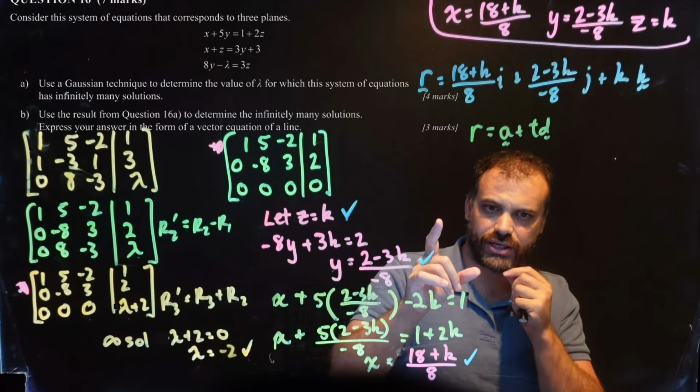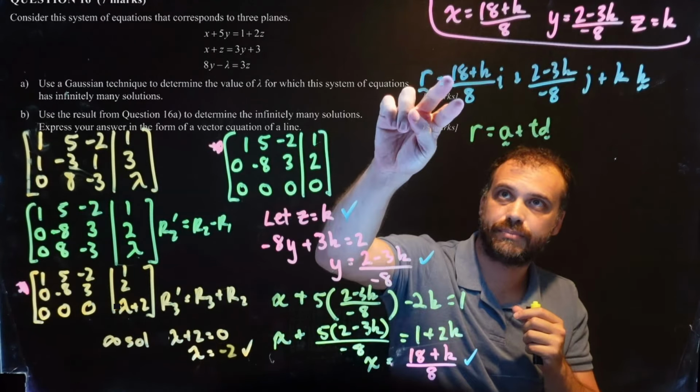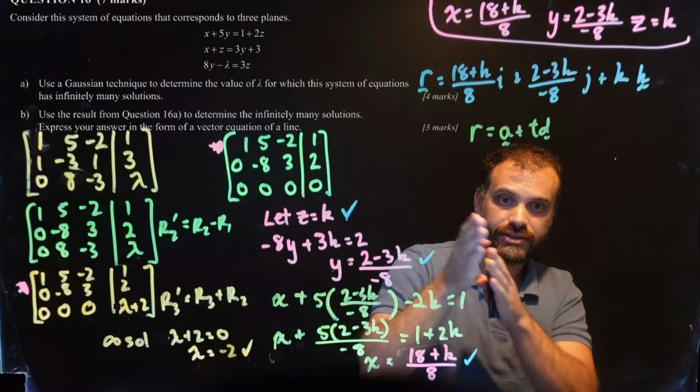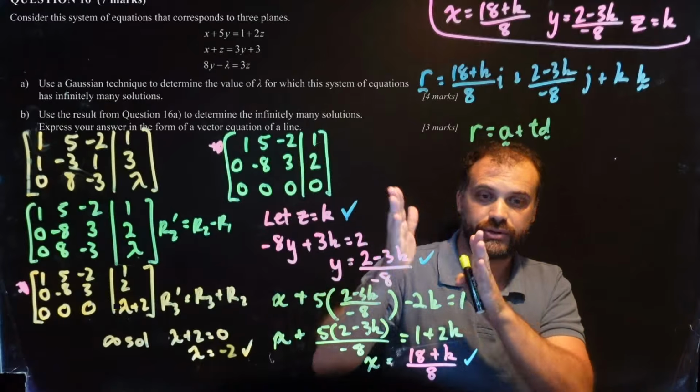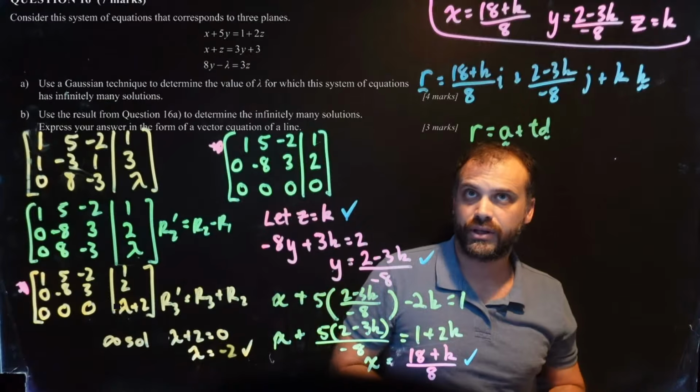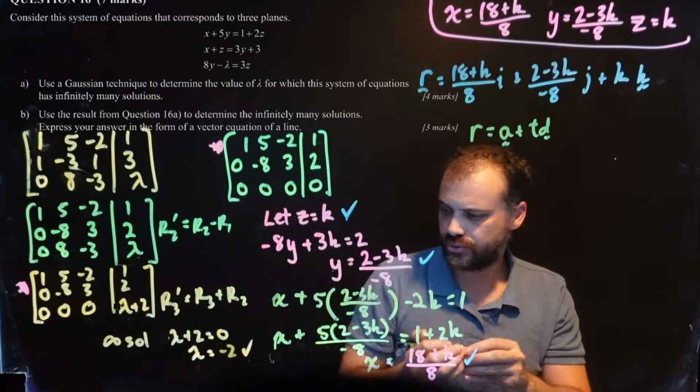For us to do that, we're going to have to separate the 18 and the k, right? Get the k's out and get the constants out. So how can I do that?